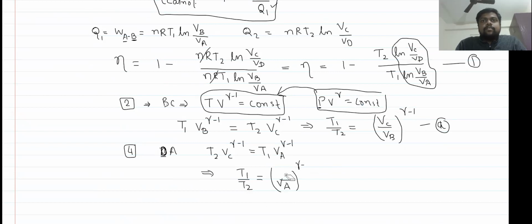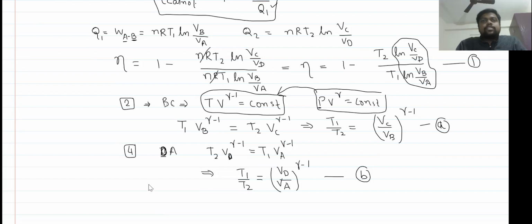So Vd, the final volume, instead of C, wherever C was written, we replace it by D: Vd by Va to the power gamma minus 1. This is equation B.